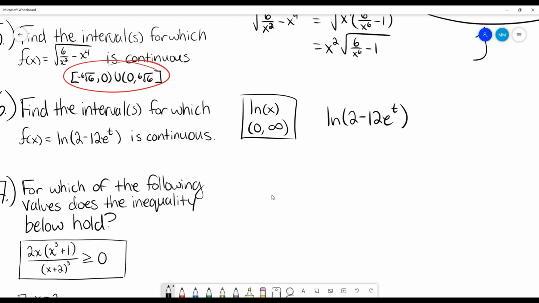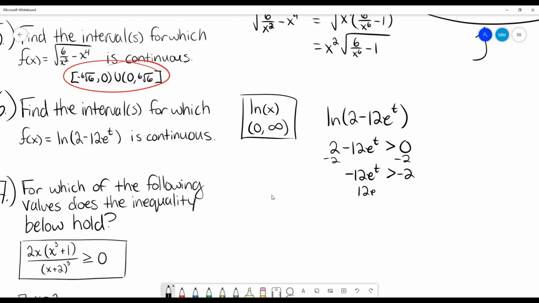So we know that our domain has to be greater than 0. So this ends up needing to be greater than 0, not equal to, remember, because 0 makes this undefined. So 2 minus 12e to the t is greater than 0. First thing I'm going to do is subtract this 2, so I get negative 12e to the t is greater than negative 2.